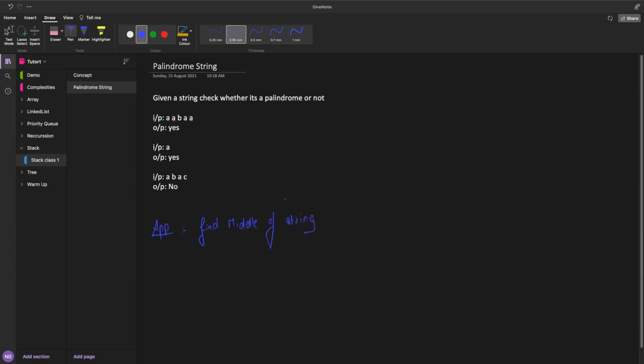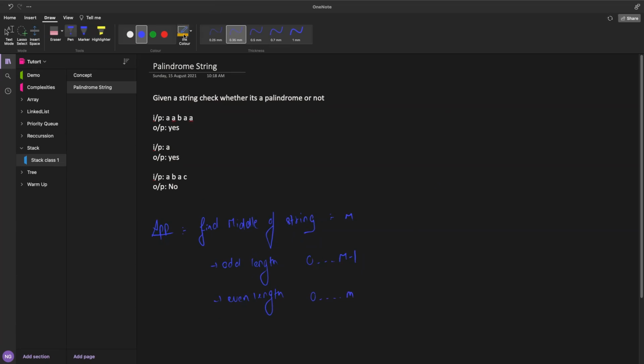Now the catch is, for an odd length string, let's say the middle is m, you will be filling from 0 to m minus 1 into the stack. And for even length, there are two mids, so you will be filling from 0 to m. And then you start comparing with the rest of it.